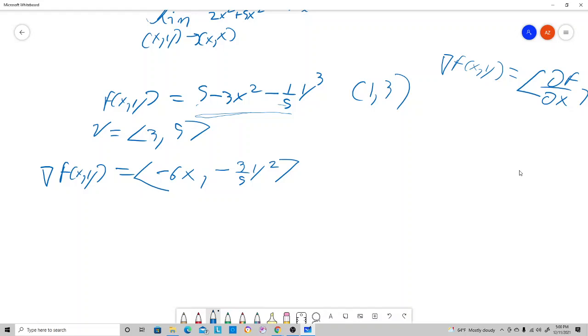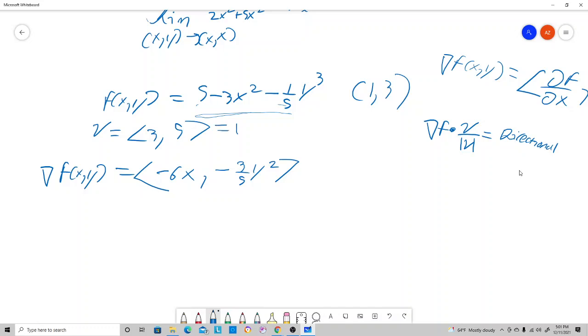So now we want to do the dot product between the gradient and the vector. This is the general form: the gradient of f dotted with the vector, not just the vector, the unit vector, will give us our directional derivative. So let's turn this vector into a unit vector.